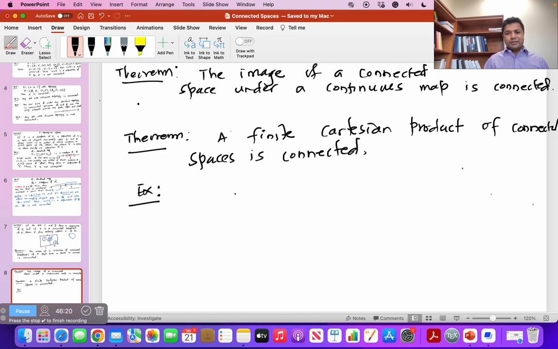Let me give you an example of a connected space using this last theorem. We already know R is connected in the standard topology. So R2 is connected because R2 is the Cartesian product of R with itself. As I said before, R is a connected space in the standard topology, so R2 is also connected in the standard topology, since the standard topology on R2 is the same as the product topology.